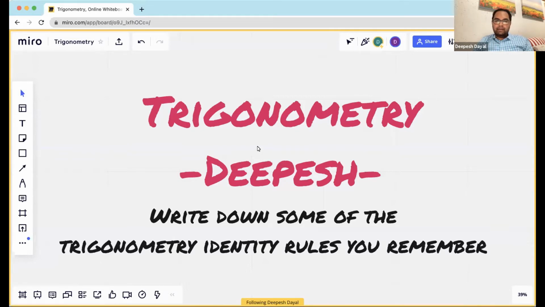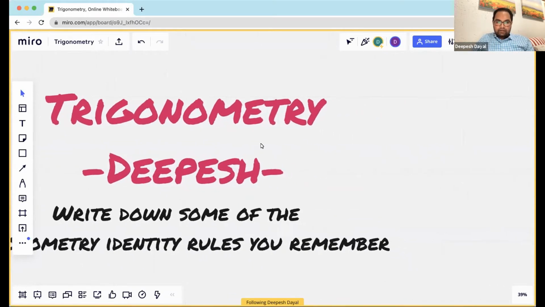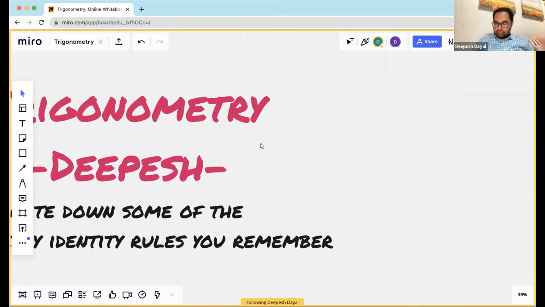Let's maybe look at some of those rules then. Who would like to volunteer and tell me one rule that you do remember? Maybe I should ask Sasetu. Sasetu, do you remember any trig identity rules that we can use?